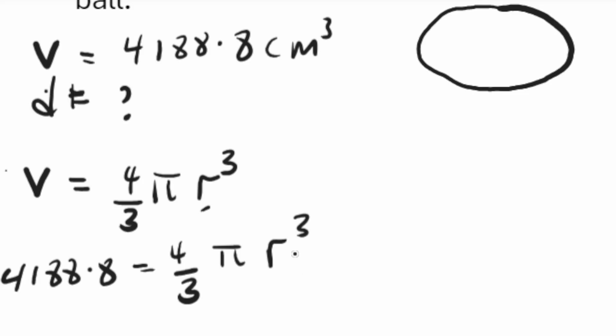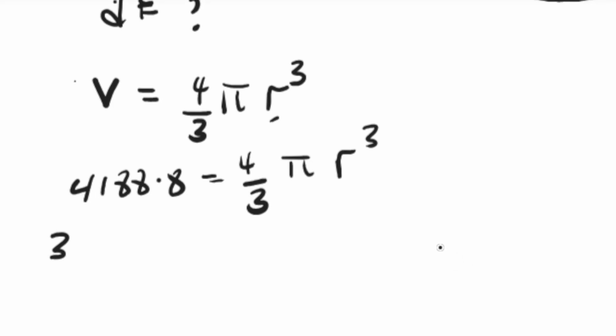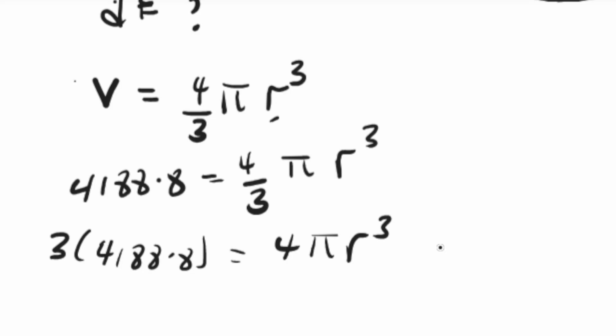You multiply through by 3, and then you'll be left with 4 pi r cubed. So you're going to get 3 times 4188.8 is equal to 4 pi r cubed.